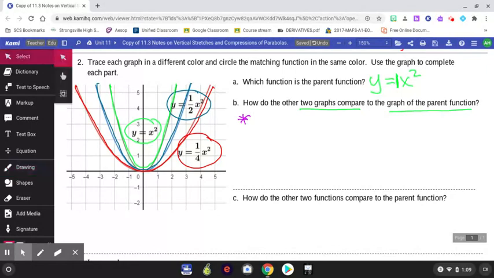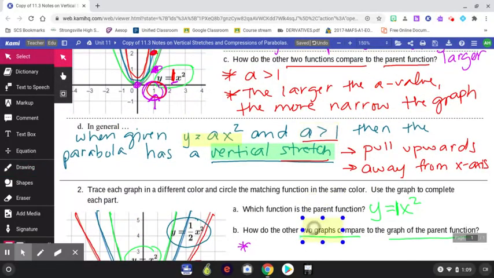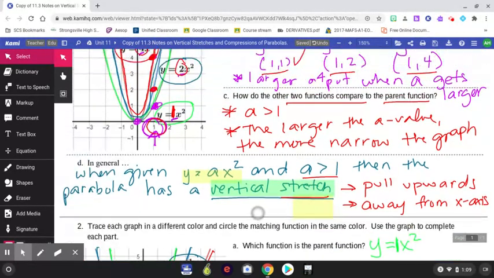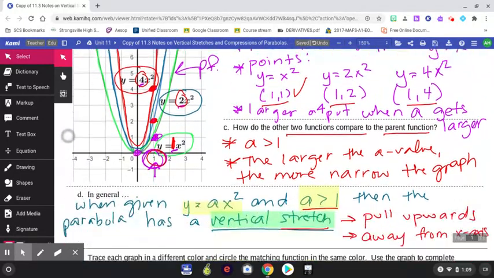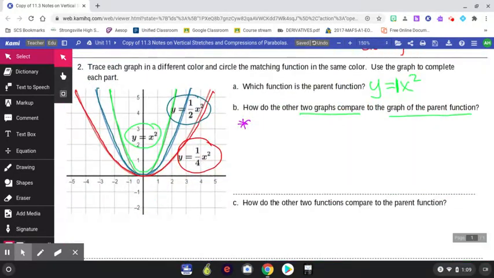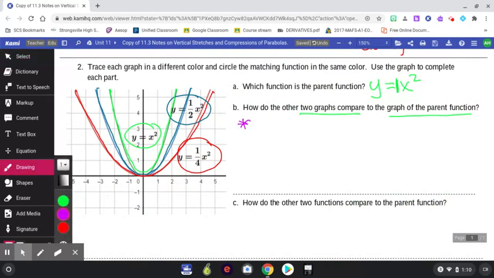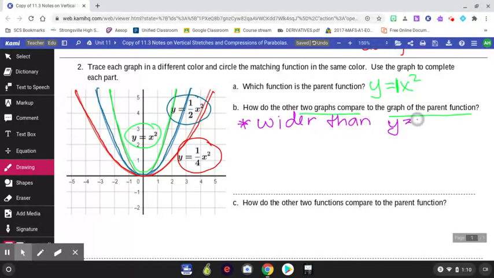So let's see what we wrote up above. And where did that come from? Oh, it came from right here. We wrote that they're more narrow. Okay, and so here we're going to write that these graphs are wider than that parent function y equals x squared.